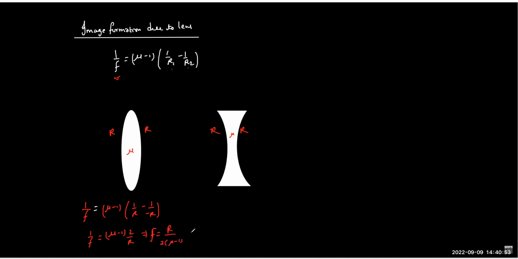Similarly, if you try to calculate the focal length of equiconcave lens, you can write (mu minus 1) into (1 by minus R minus 1 by plus R). Correct? I'm taking the light ray from the left.